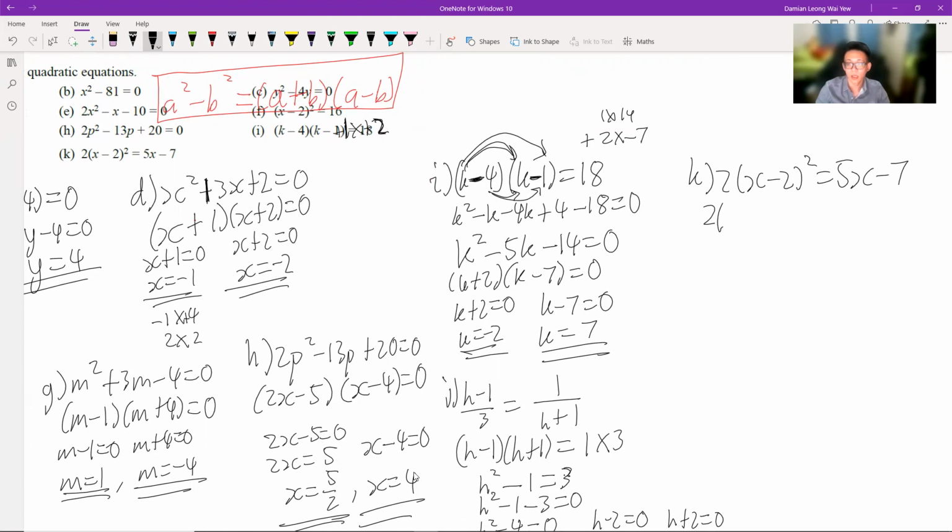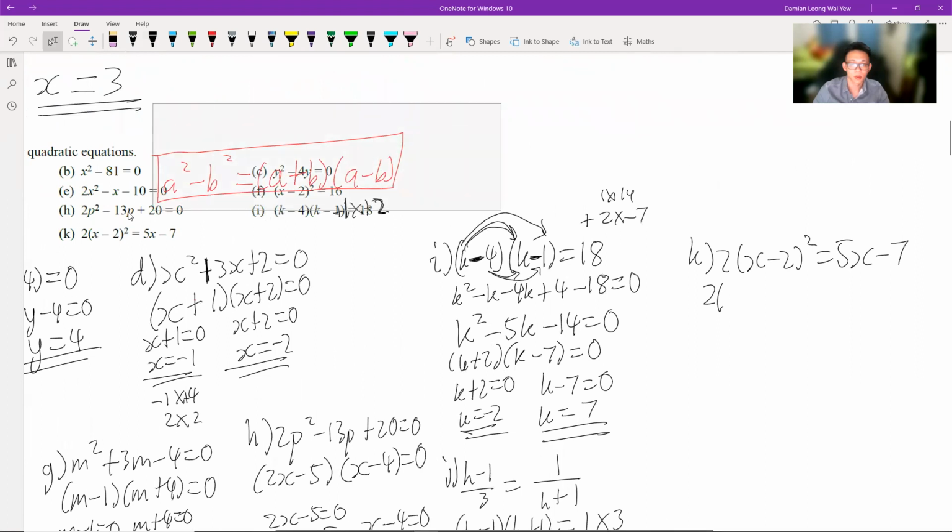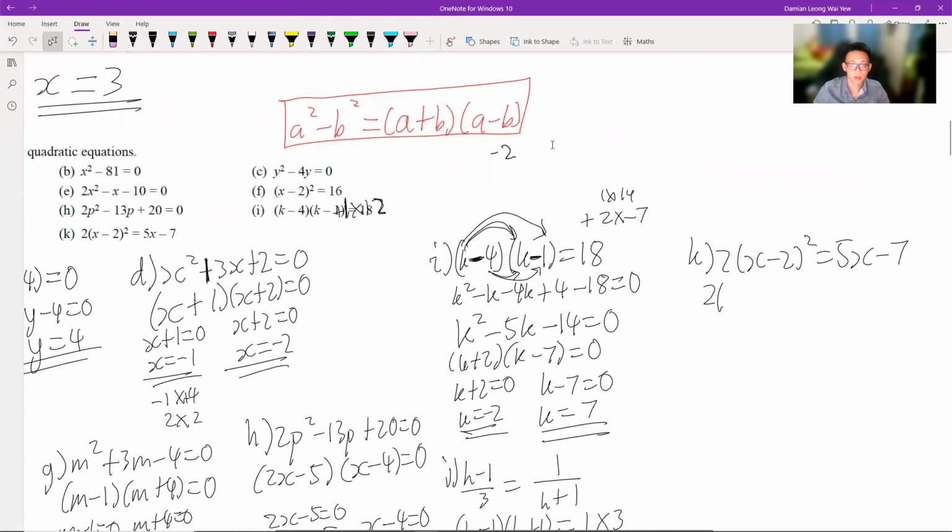When you square, you can use the formula. The formula is not this one. Make sure you don't use this one. The formula is, sorry, get rid of this.